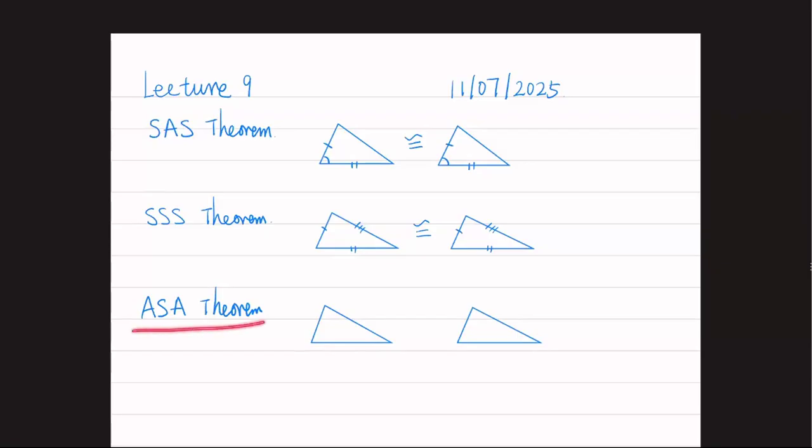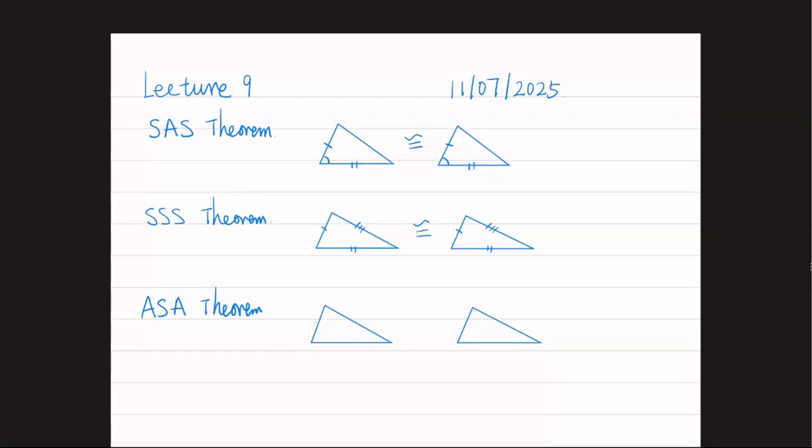Can you tell us what this theorem tells us? One side and two angles, the angles near the side.